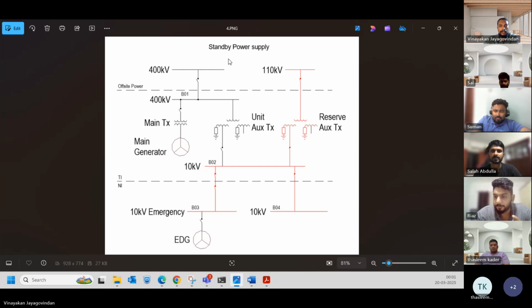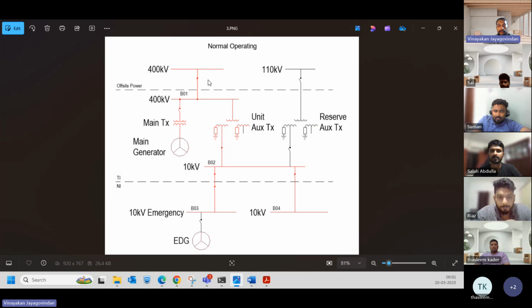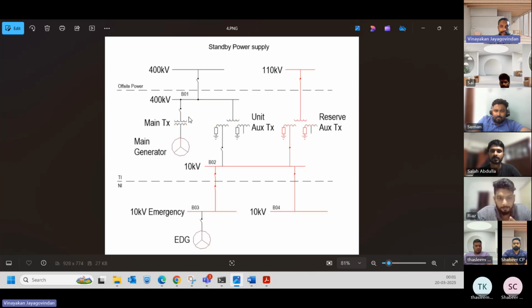Okay. So let's consider when there is no offsite 400 kilovolt power supply available and the generator is not in working condition. In that situation, we have a standby power supply of 110 kV.